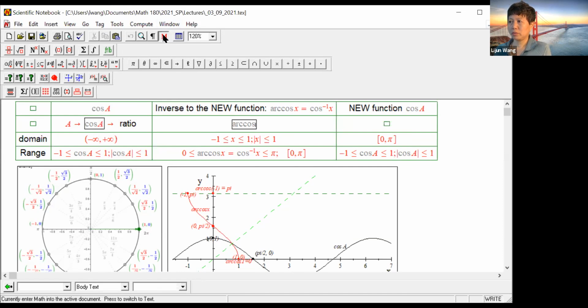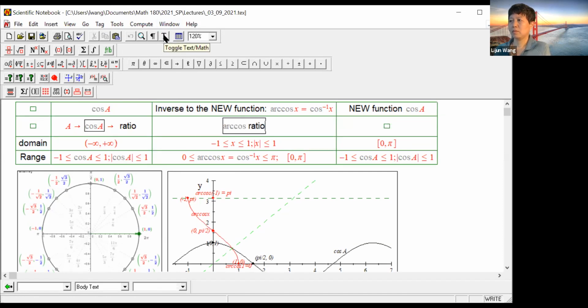It takes the ratio. This also indicates how you express and show your work.